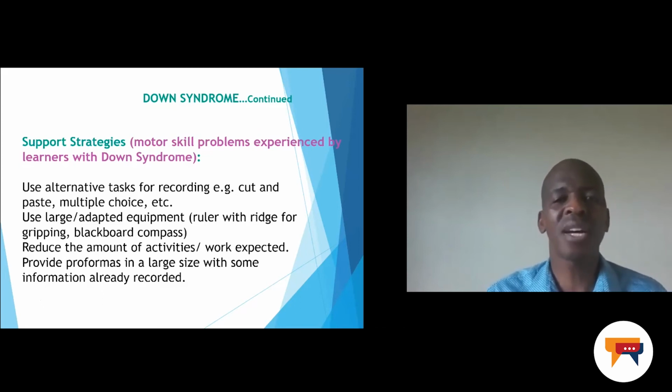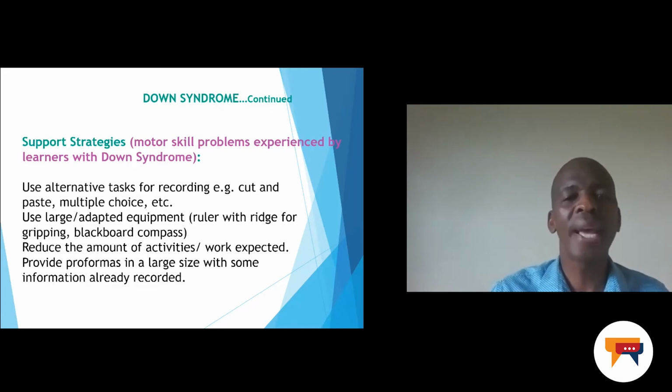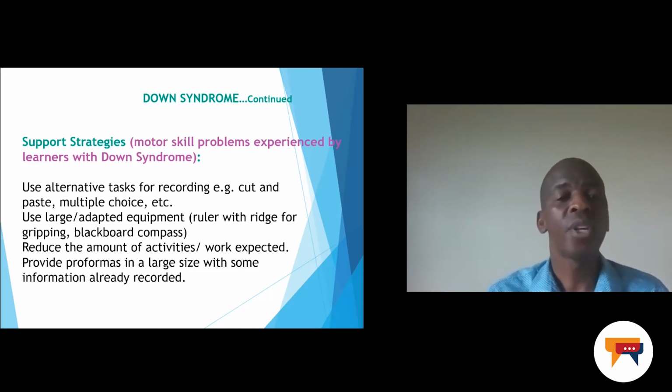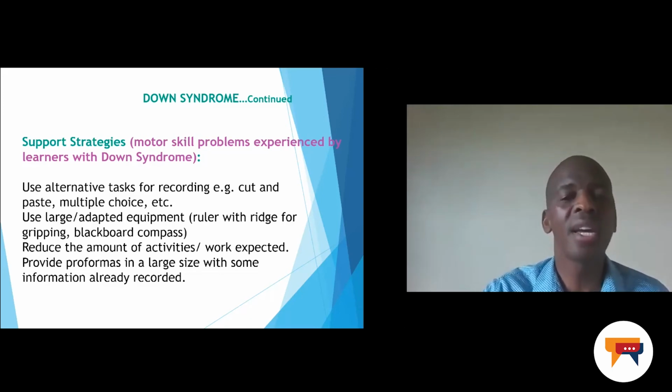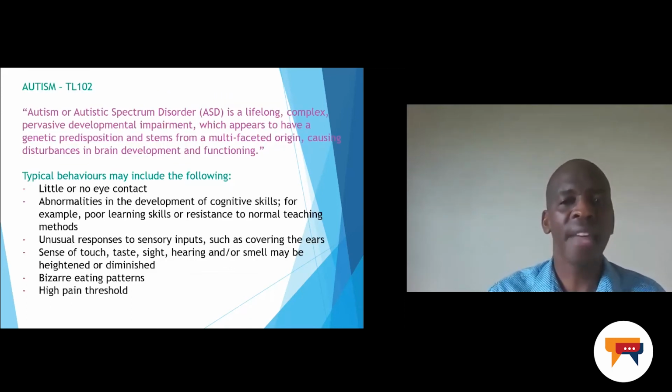Give them other tasks that will require less of their motor skills, where they can use other skills as well. Use large equipment, reduce the amount of activities that you give them, provide worksheets in large size with some information already recorded. That will help a learner with Down syndrome.